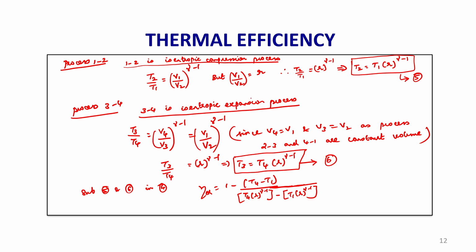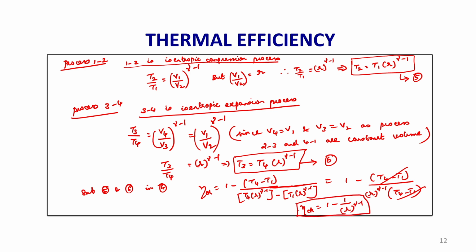So, r power gamma minus 1 can be taken as a common term in the denominator. So, this is equal to 1 minus the numerator, there is no change, divided by r power gamma minus 1, and inside the bracket we will have T4 minus T1. So, these two terms will get cancelled. So, the final equation is thermal efficiency of the Otto cycle is 1 minus 1 by r power gamma minus 1.